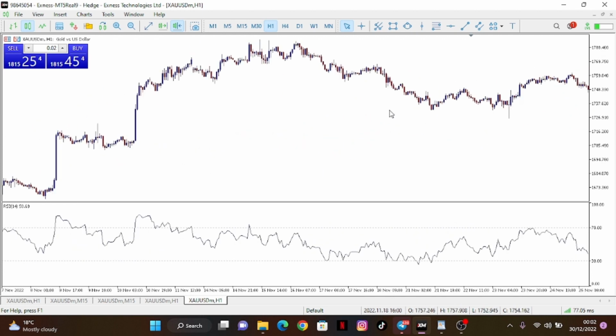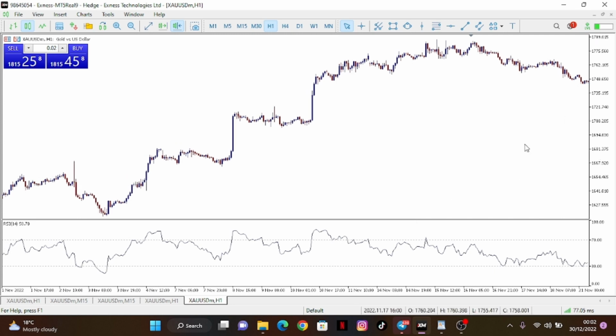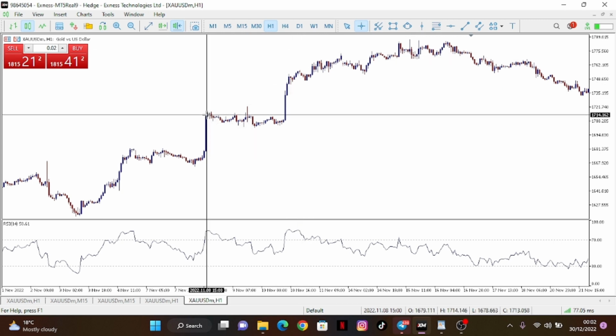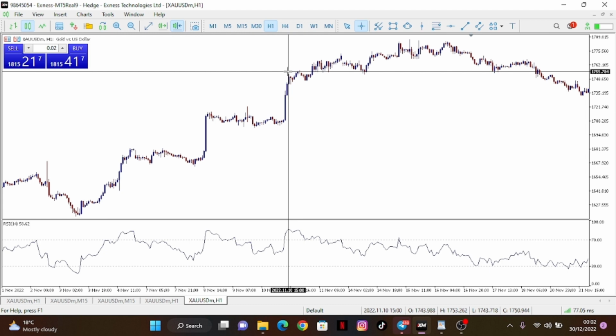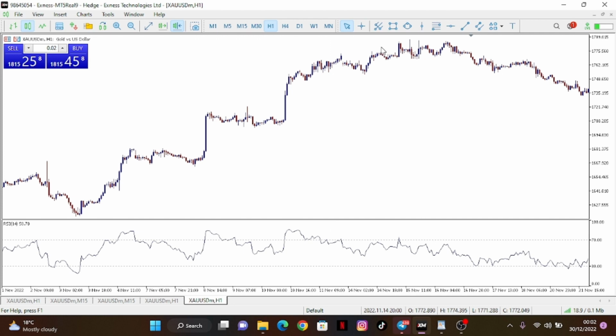This is an uptrend, and we are looking at highs. We want to see if the RSI is obeying that.